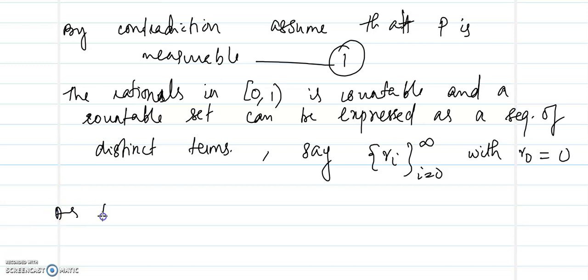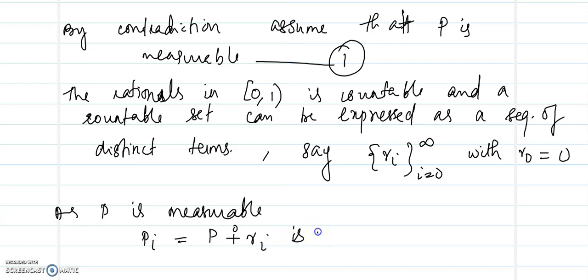As P is measurable, take Pi to be P sum modulo 1 Ri.